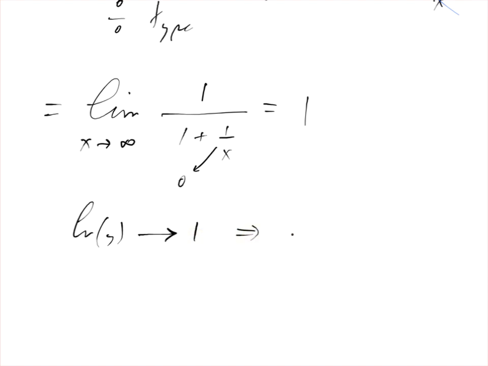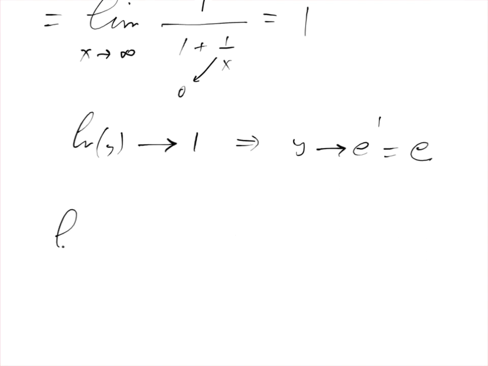So that means y tends to e to the 1, which is e. So we found that the limit of 1 plus 1 over x raised to the x as x tends to infinity, which is in the form 1 to infinity, is e.